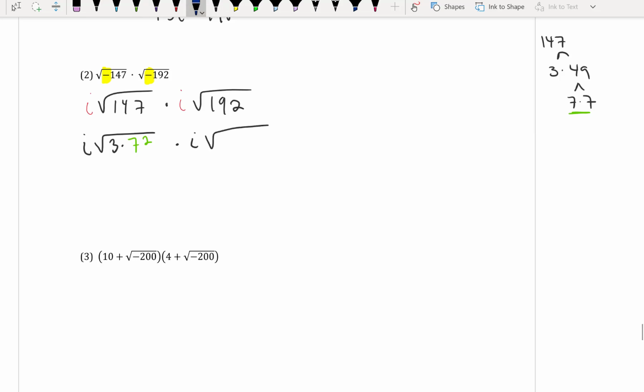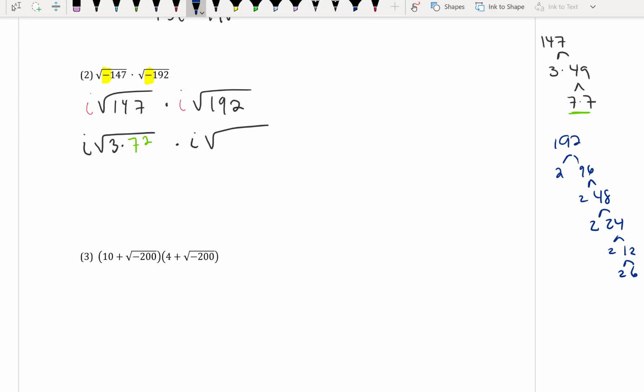And now let's break down 192. Well, I know that 192 can be divided by 2. So that's going to be 2 times my 96. 96 divided by 2 is 48. So let's see, 48 divided by 2 is 24. 24 divided by 2 is 12.